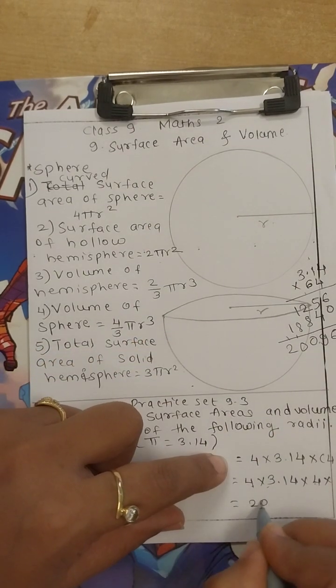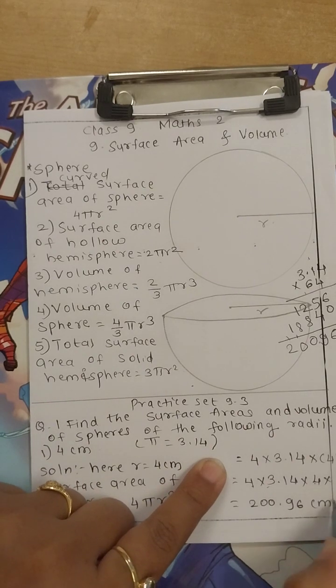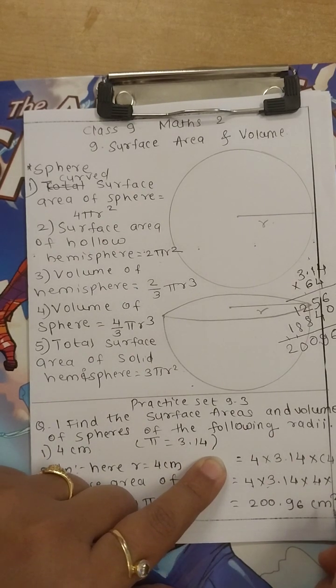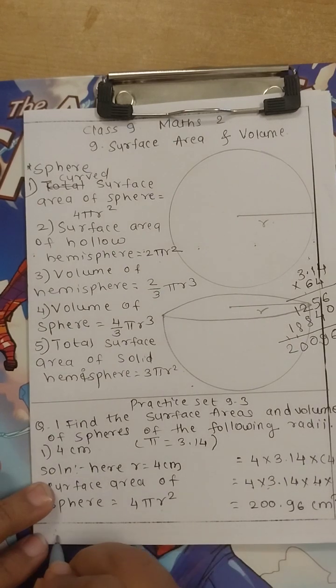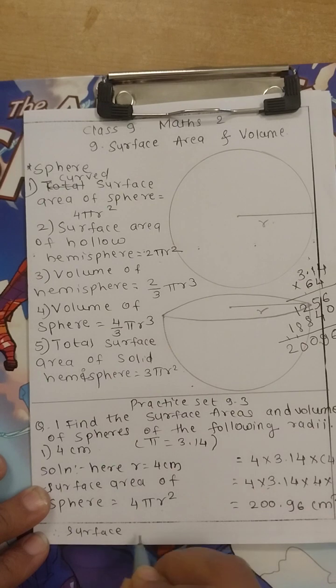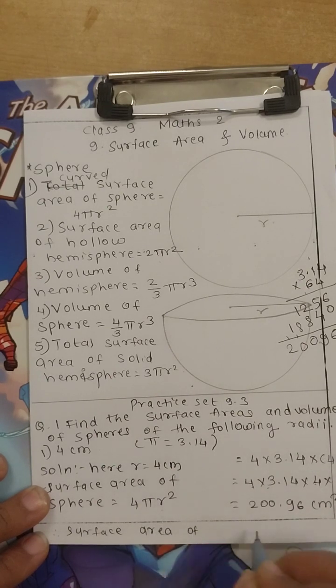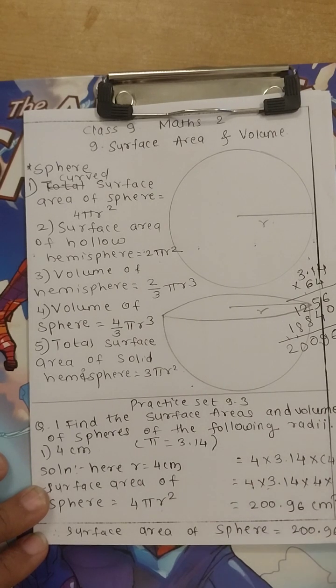Which is equal to 200.96 centimeter square. This is the curved surface area of a sphere. Therefore, the final answer: surface area of sphere is equal to 200.96 centimeter square.